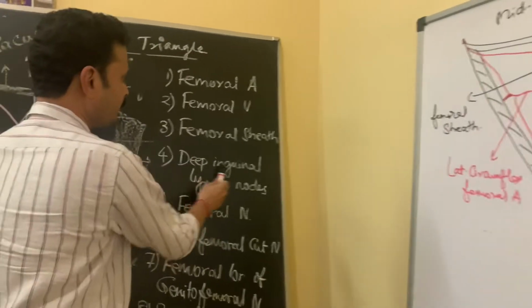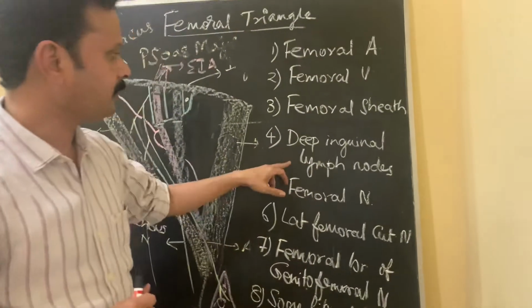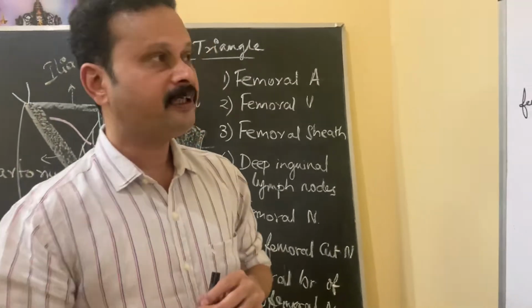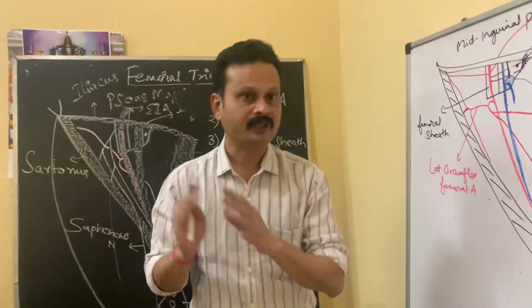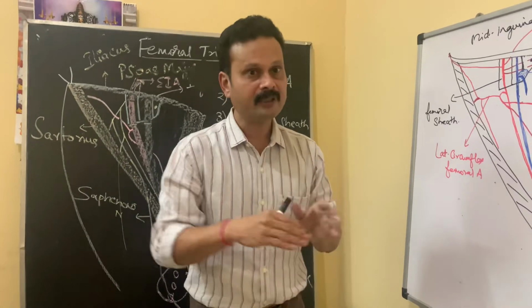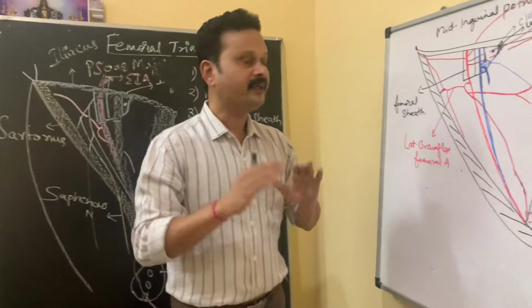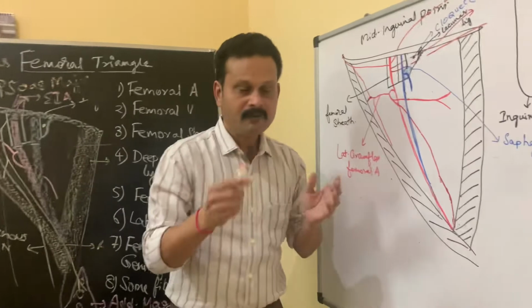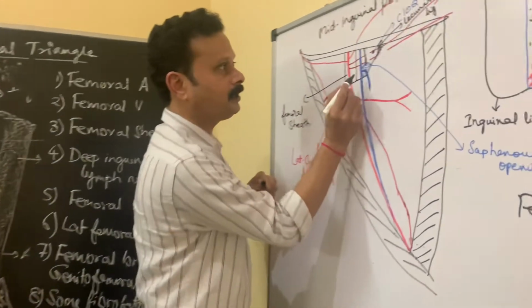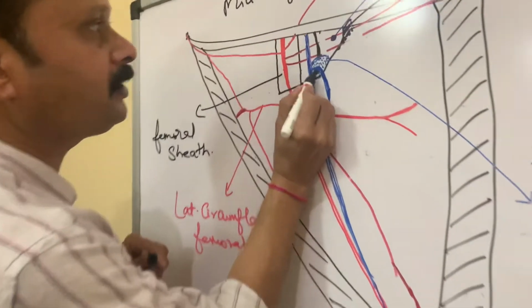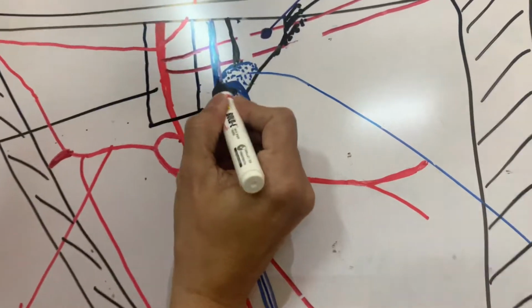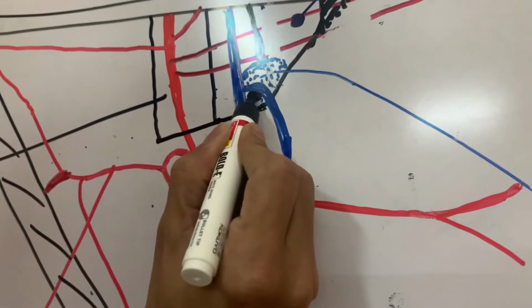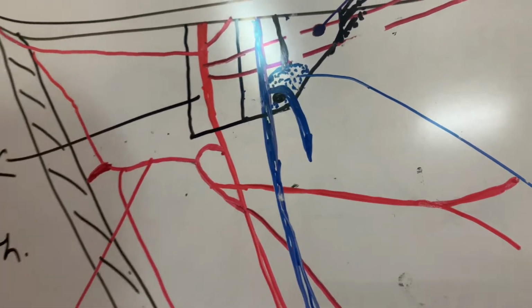Now coming to the deep inguinal lymph nodes, the next content. Deep inguinal lymph nodes may vary from 1 to 3 in number. It may be 1, it may be 2, it may be 3. When it is 3, the lower one lies at the junction between the opening of the great saphenous vein into the femoral vein. This is the first one.